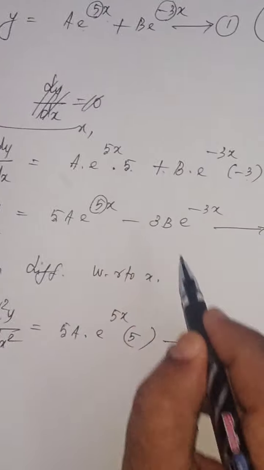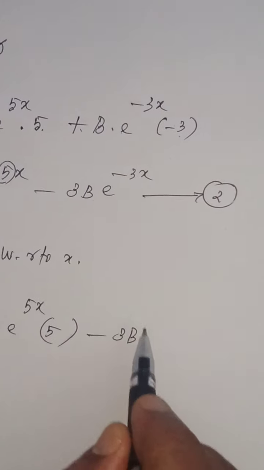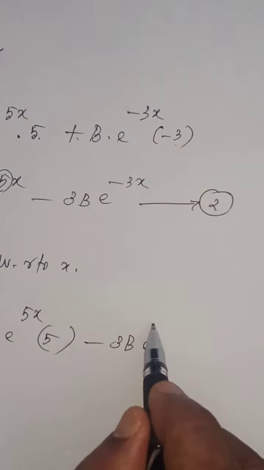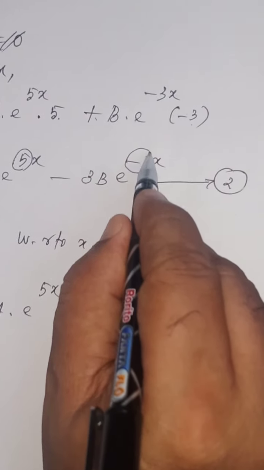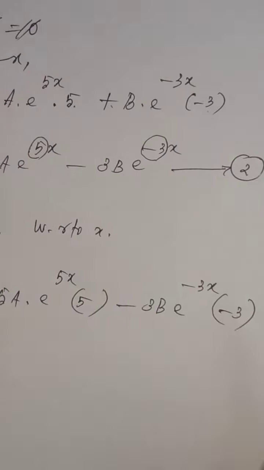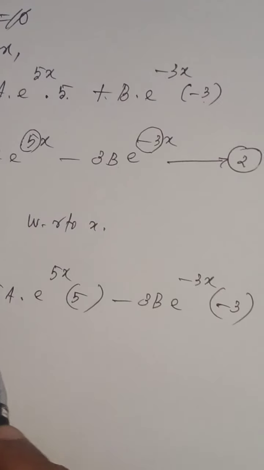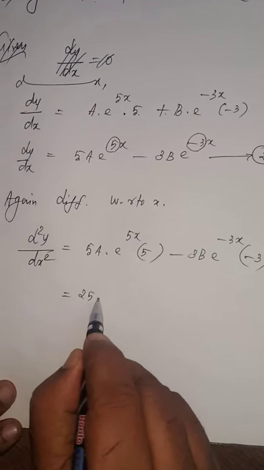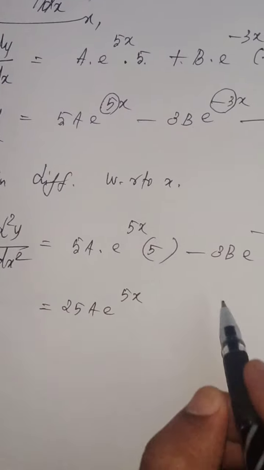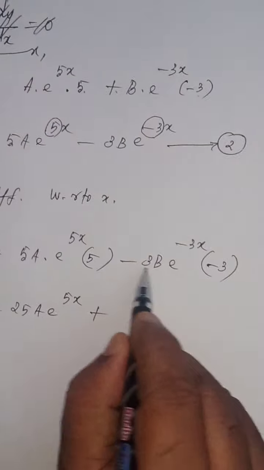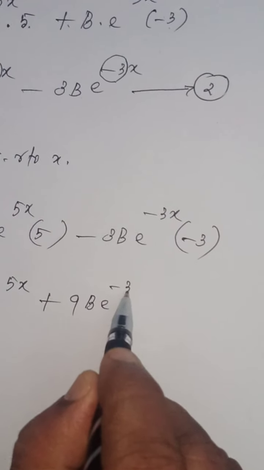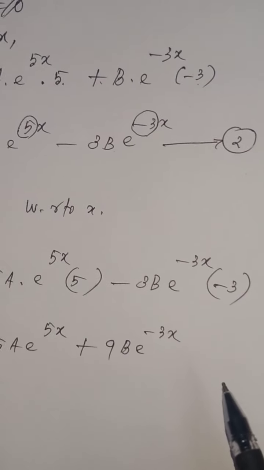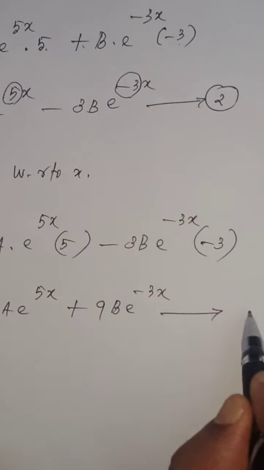Like that, minus 3b as it is, e power minus 3x into the coefficient of x, minus 3. Equals 5 fives are 25, a e power 5x, plus minus 3 into minus 3 is 9, b e power minus 3x. Let it be number 3.